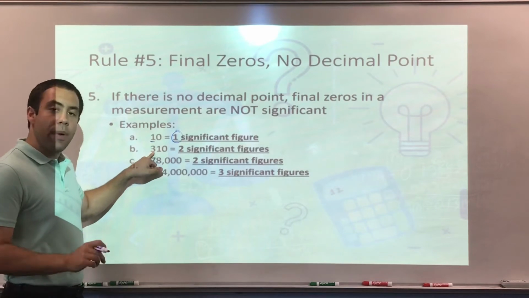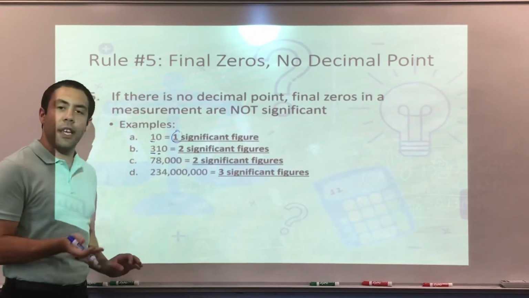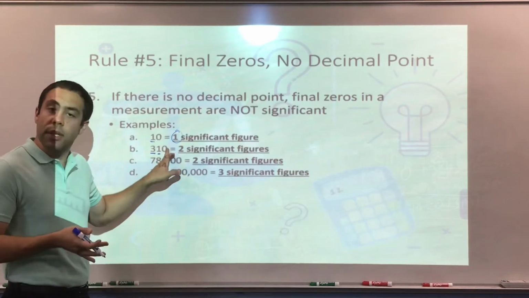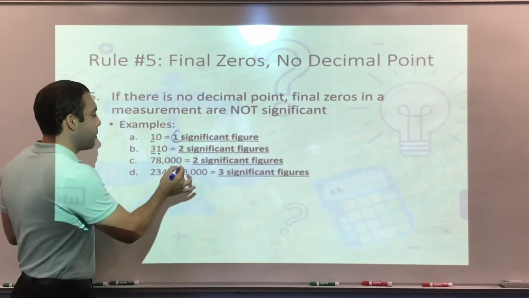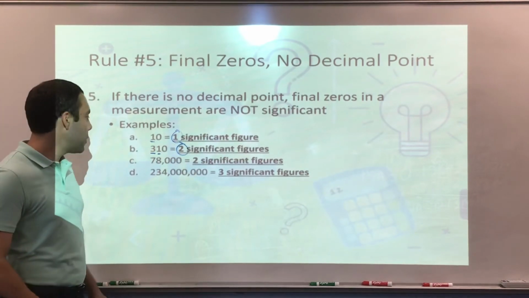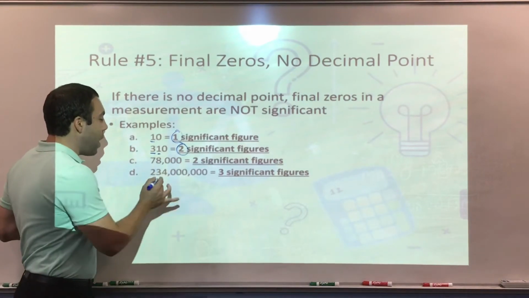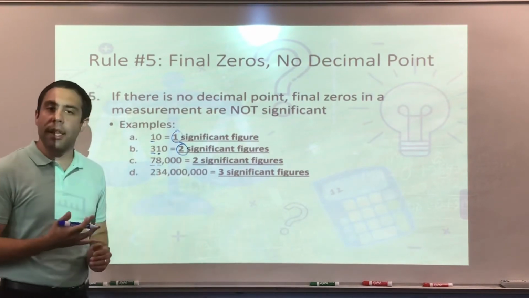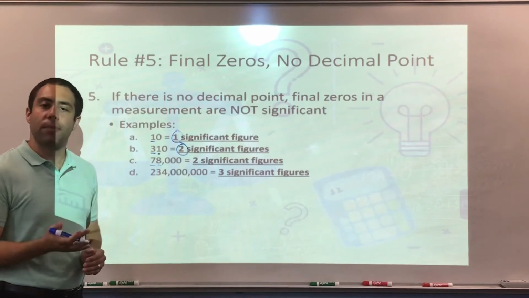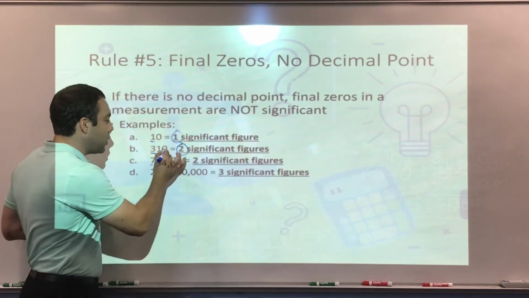Same thing for letter B, 310. The 3 and the 1 are significant, but this 0, once again, is just there to hold a place. Therefore, 310 only has 2 significant figures. And it works with bigger numbers as well. 78,000. The 7 and the 8 are non-zero numbers, so they'll always be significant. But these 3 zeros here at the end are just placeholders.